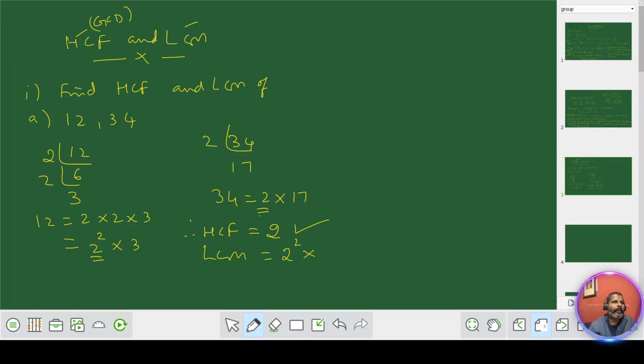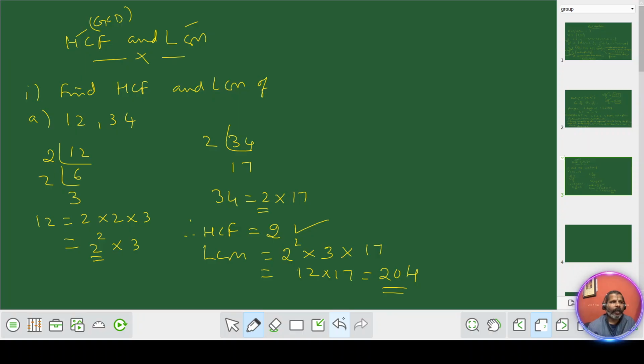And 3 is there, 3 is not there in the 34 factors list, so consider that also. 17 is there in 34's prime factors, it's not there in the 12, so you consider it. Then you multiply them and give it. That will be your LCM. So this comes to 4 threes are 12 into 17. 12 sevens are 84, 200, 12 ones are 12 plus 8, 20. So this is the LCM.